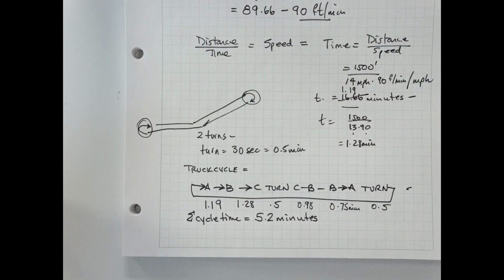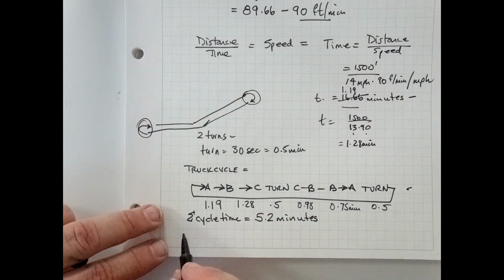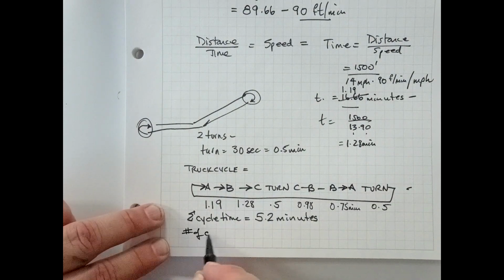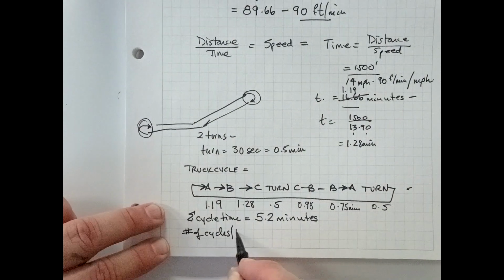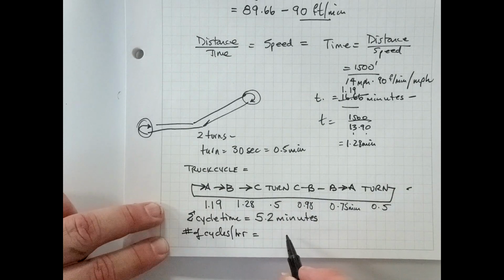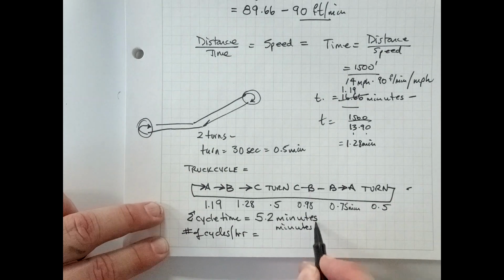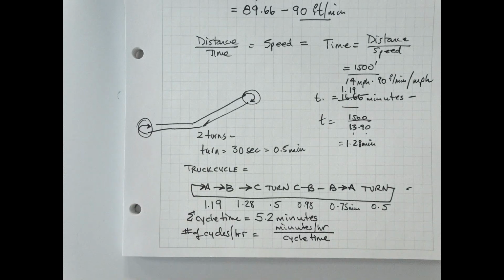We can now figure out the number of cycles per hour is equal to the number of minutes per hour divided by the cycle time. So if it takes me 5 minutes to do something and I have a 60-minute hour, I can do 12 of those things.